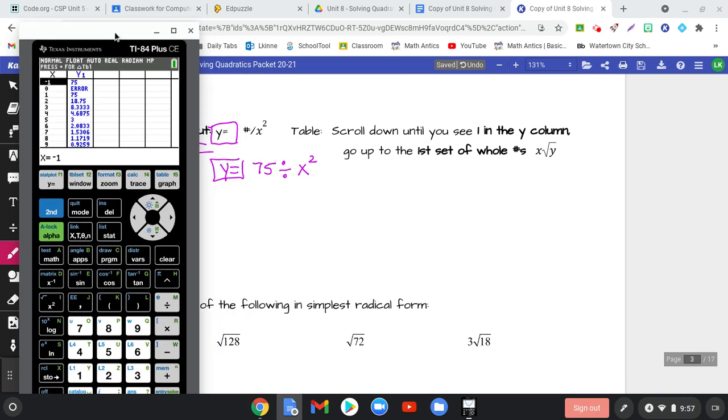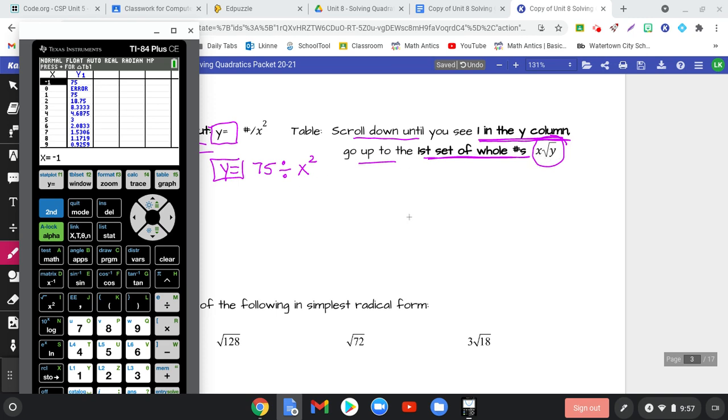So when you go to the table, you're going to scroll down until you see a 1 in the y column, 1 point something. Once you do, you're going to go back up to the first set of whole numbers, no decimals. And whatever those numbers are, the x goes in front of your radical sign, and y goes underneath it.